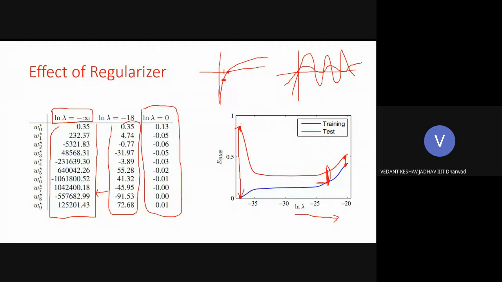Right now I'm telling you norm 2, so it will uniformly try to shrink every dimension. But if you take norm equal to 1, it will shrink some dimensions to exactly 0 and some dimensions will be effective. Right now let's stick to norm 2. If you ask what will happen if I start increasing my lambda, it will shrink every dimension somewhat and try to smooth the curve.